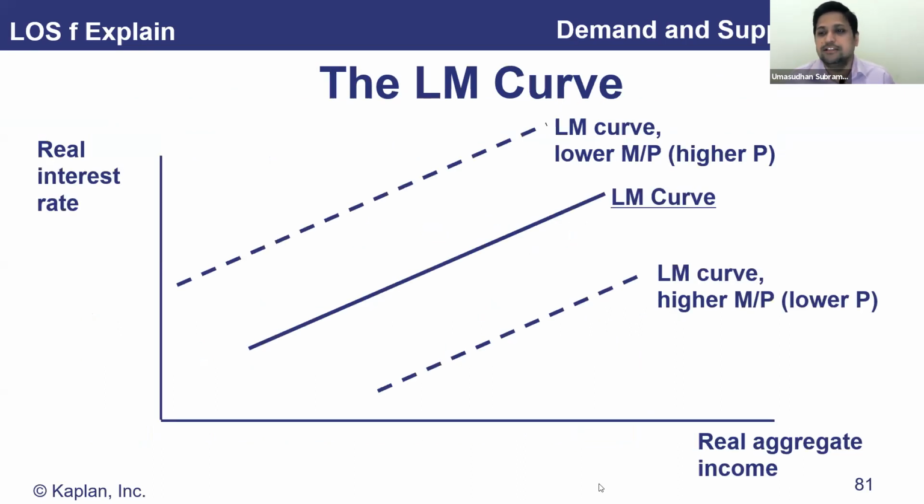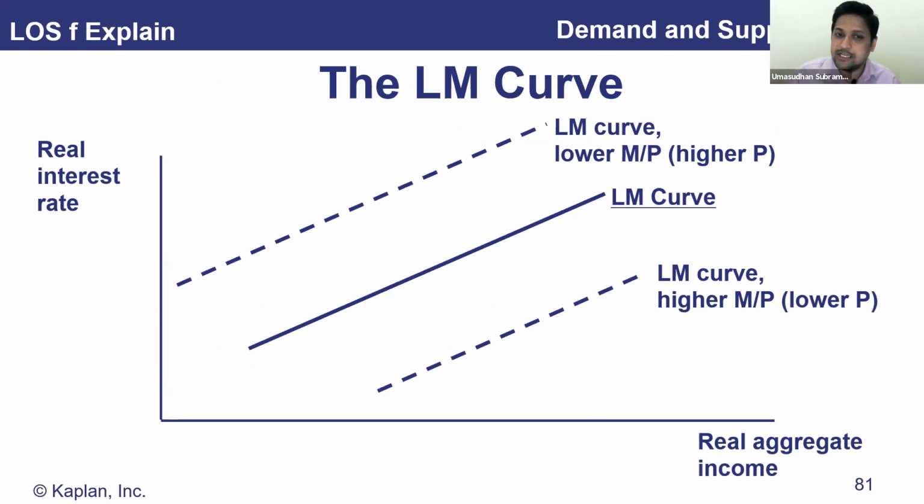So now, this is going to be conflicting. You see what I mean? The reason we are talking about your LM curve and your IS curve is that the IS curve focuses on the goods and services market and the LM curve focuses on the money market.